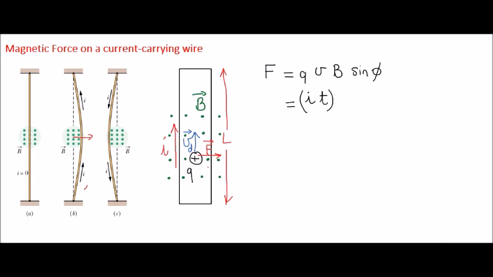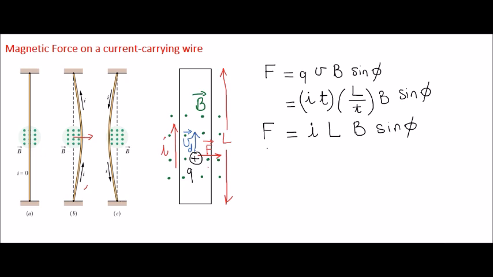What is this drift velocity? If the charge moves from here to here with constant velocity, that's just length, the distance per time. So in other words, that's just current times length times B times sine phi. That's the magnitude of the magnetic force.